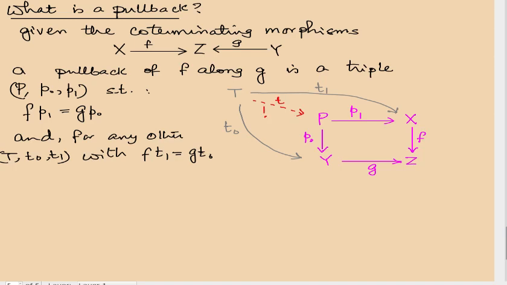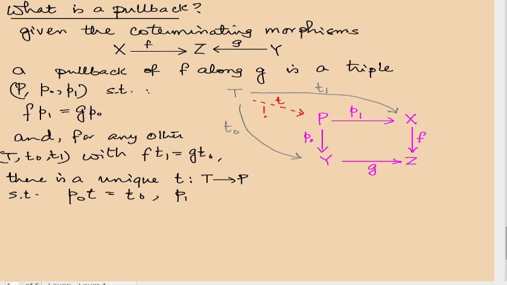There is a unique T from T to P such that T0, T is T0 and T1, T is T1. Okay.